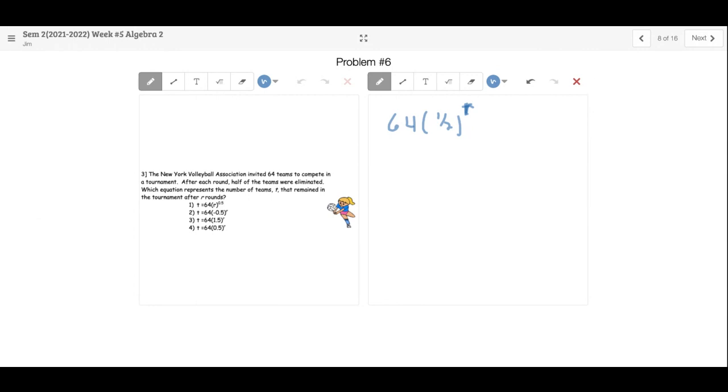So my answer should be number 4, or D. I'm not sure on the practice if I have numbers or letters there. Is there numbers? Okay, so you should pick number 4.